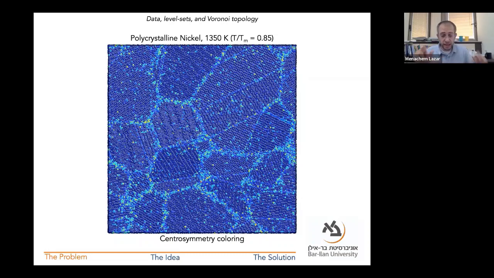Central symmetry, so it has to do with how those neighboring atoms come in pairs or not. Okay, and I didn't put a key here, but the bluer the particle it is, the closer to 0 that some number is, and the more crystal-like it is. And that means that the particles that are dark blue in some sense belong to the interior of a crystal, and the ones that are colored lighter colors, brighter colors, belong to defects of some kind.